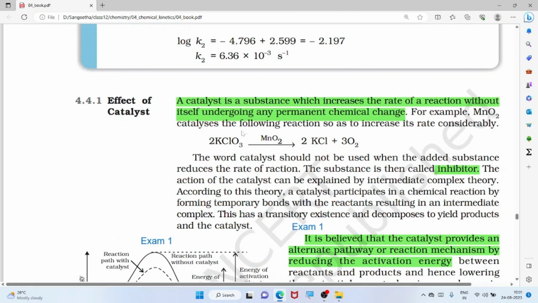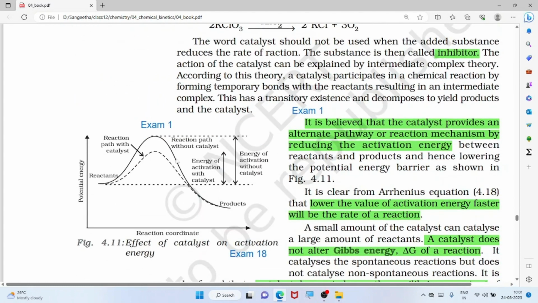Effect of the catalyst. A catalyst is a substance that increases the rate of the reaction without itself undergoing a permanent chemical change. This catalyst reduces the activation energy of the reaction, but it does not change the enthalpy of the reaction. It does not change the delta G, which gives the energy of the reaction.